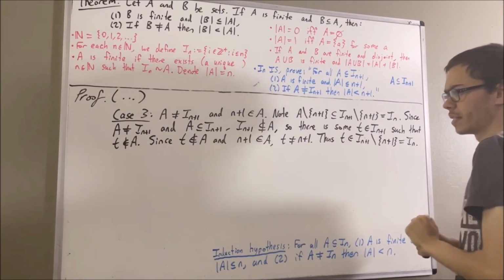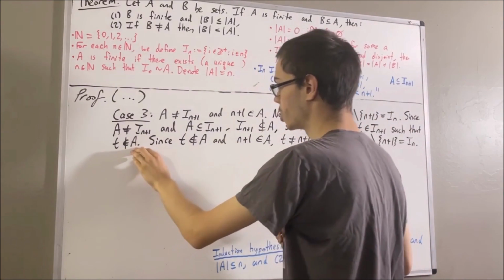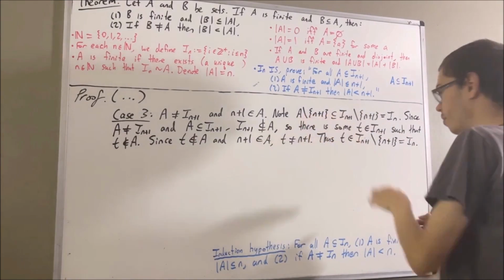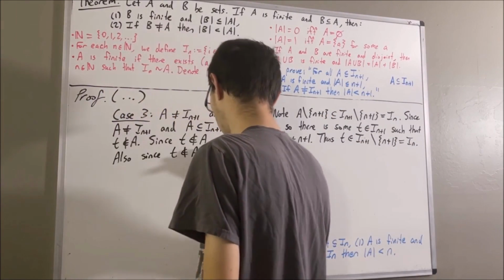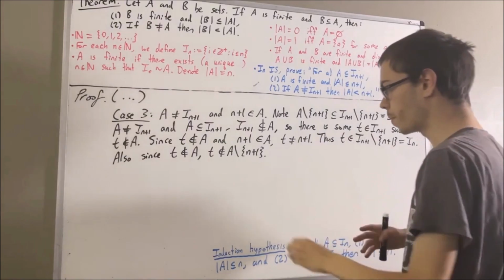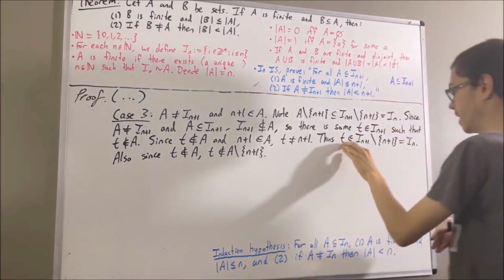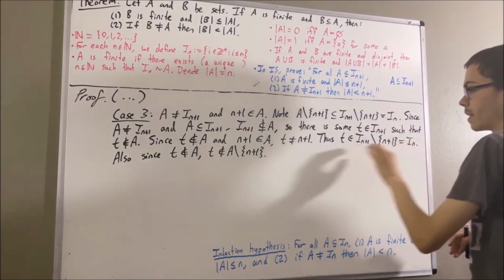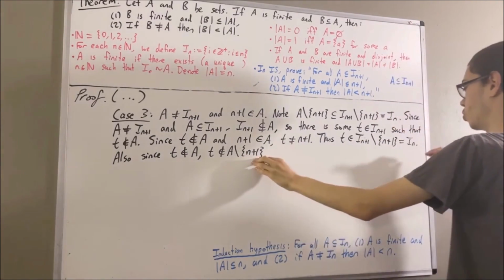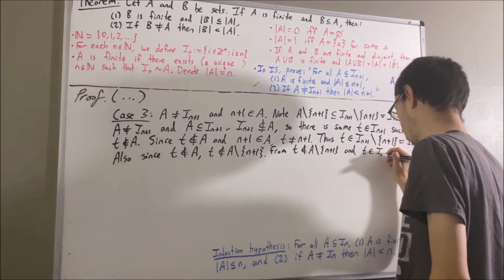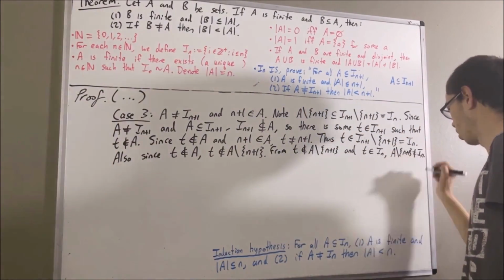And also, since T is not an element of A, surely it follows that T is not an element of A set minus N plus 1. So, from the fact that T is not an element of A set minus N plus 1, and T is an element of IN, we have that A set minus N plus 1 is not equal to IN. Right?